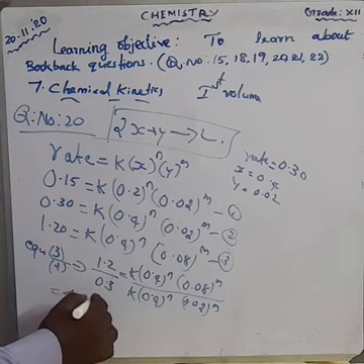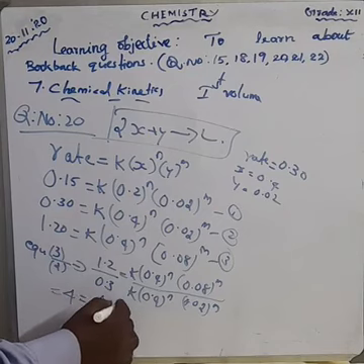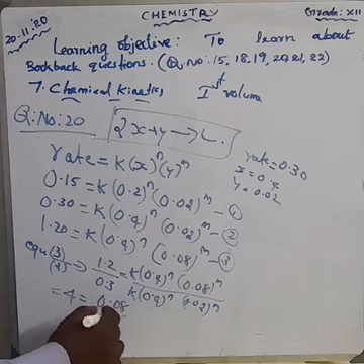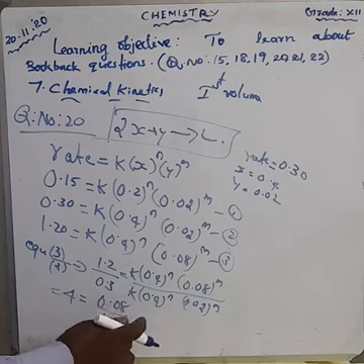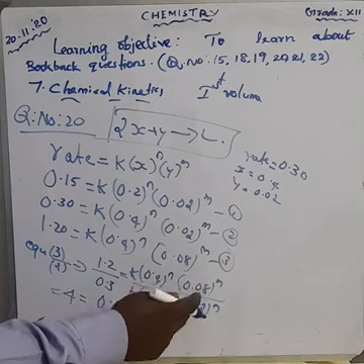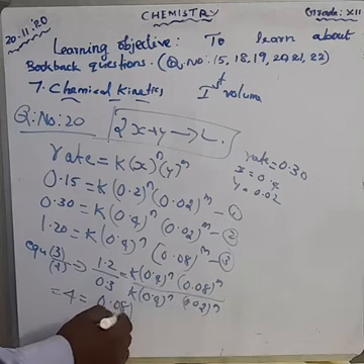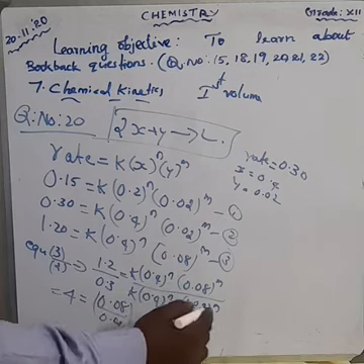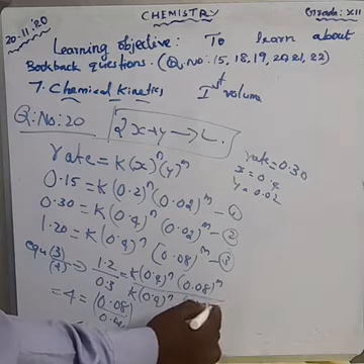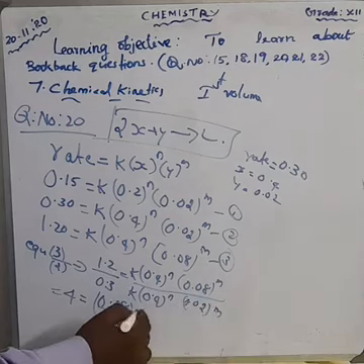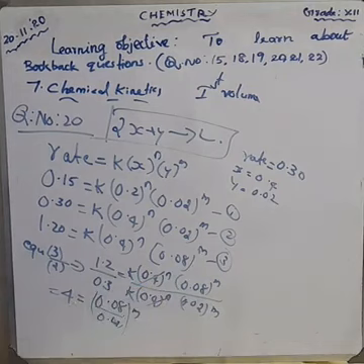So we are dividing, we get 4 is equal to 0.08 divided by 0.02 to the m, because this is cancelled, that we already know, k also cancelled.